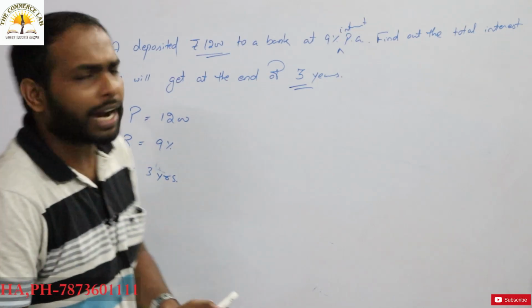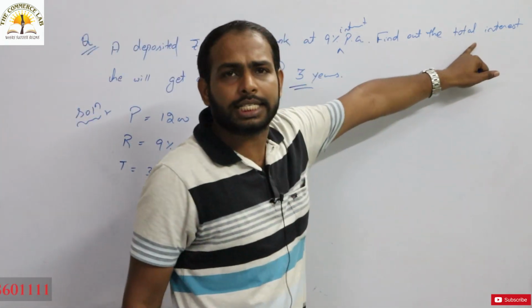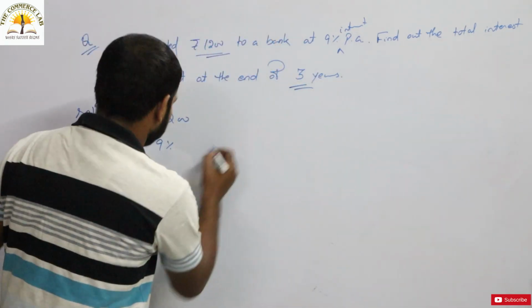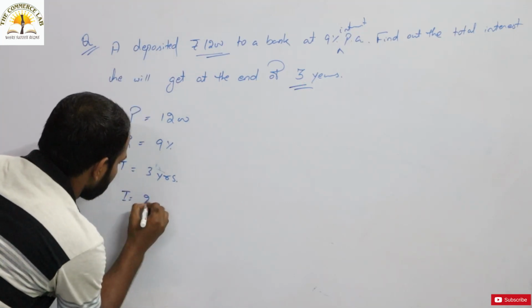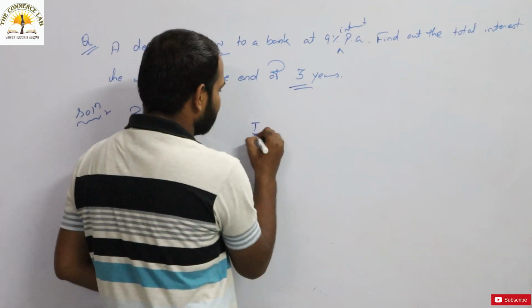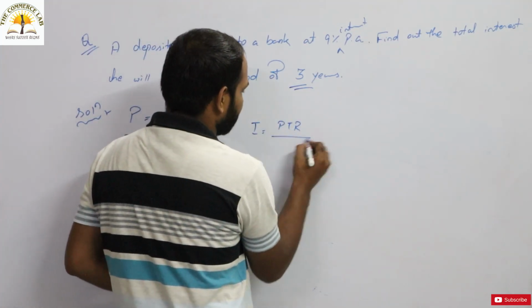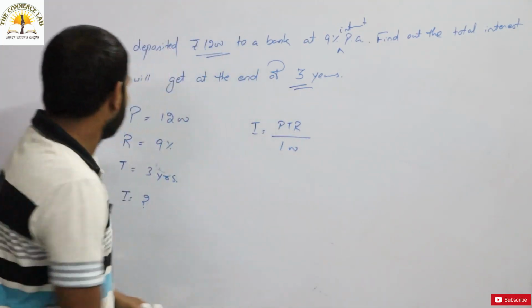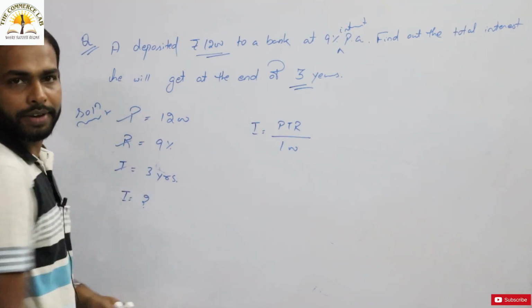So what we have to find out? Find out the total interest. Total interest means I. So we know the formula I equal to PTR by 100. P is given, R is given, T is given.